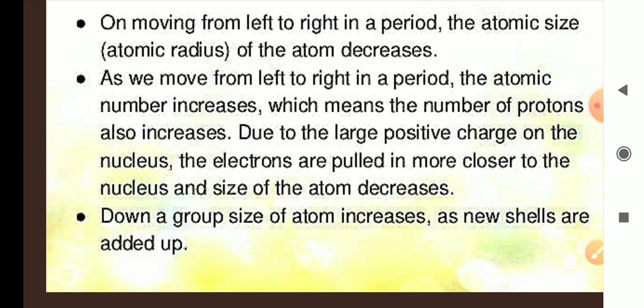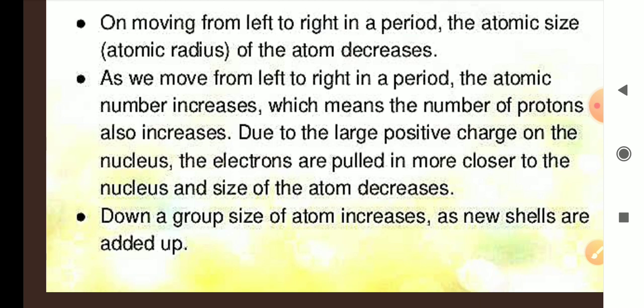Okay. So if we move from left to right, the size of the atoms decreases, because as the nuclear charge increases, the attraction between electrons and protons is more, so they come closer.